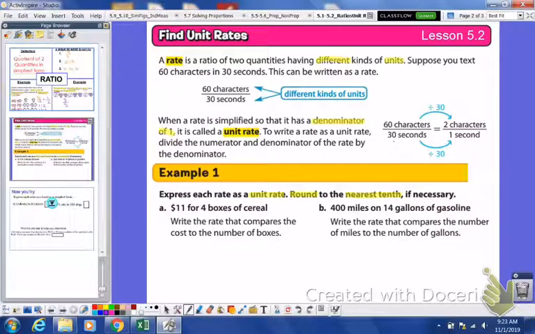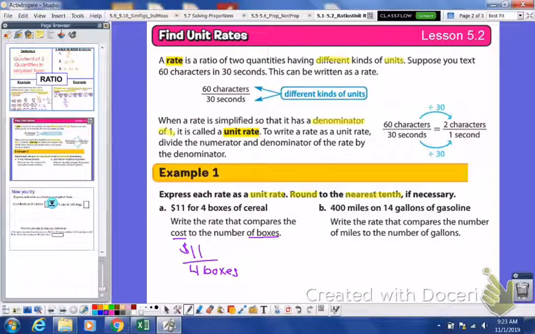So if we look at example 1, express each rate as a unit rate, round to the nearest tenth if necessary. So $11 for 4 boxes of cereal. Write the rate that compares the cost to the number of boxes. So cost to boxes. We have $11 per 4 boxes.